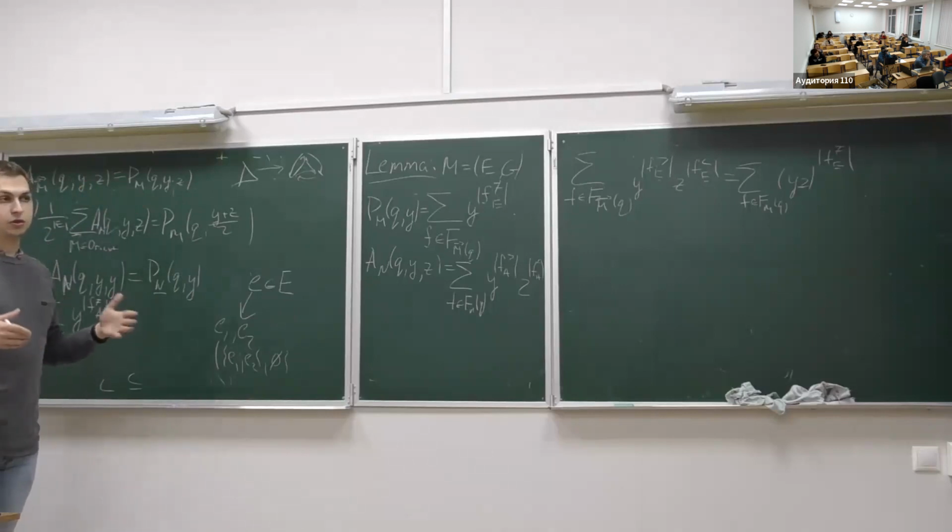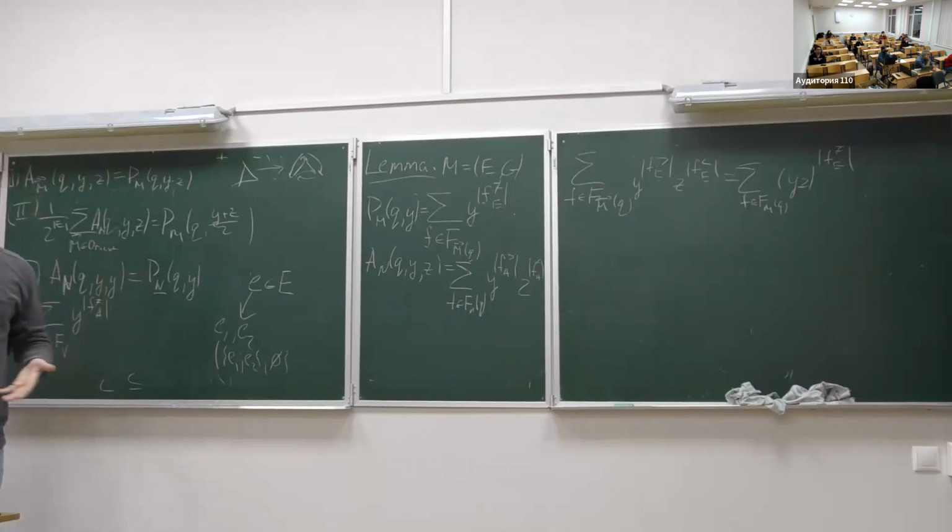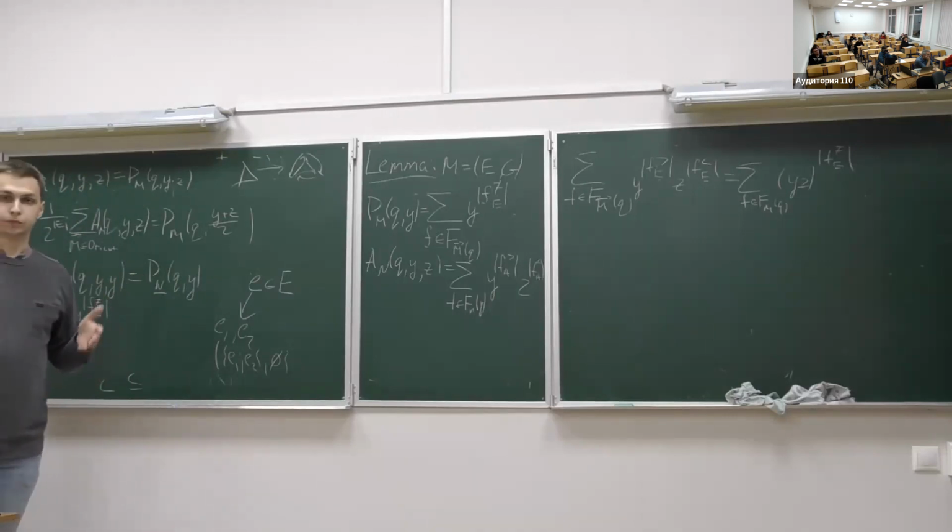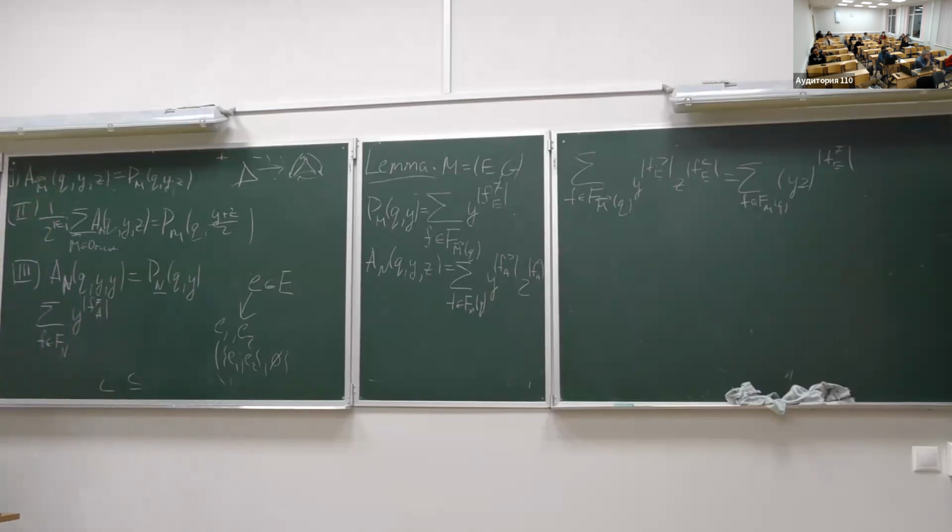It's not just something close, but actually, if we take a reduction on normal matroids, then we are going to get exactly that. Well, it's not that polynomial, but something that we already understand.